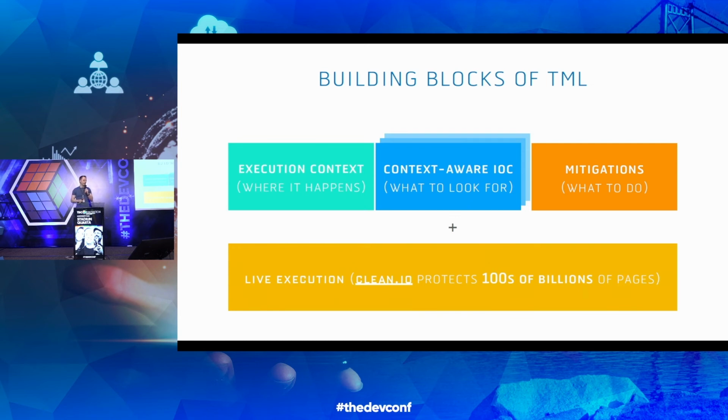And then it allows us to define those context-aware indicators of compromise, where we would say things like, if this happens after this already happened, and also this other thing is in here, then we might want to do something, right? So it's context-aware.